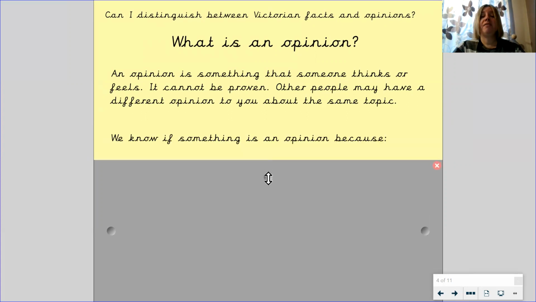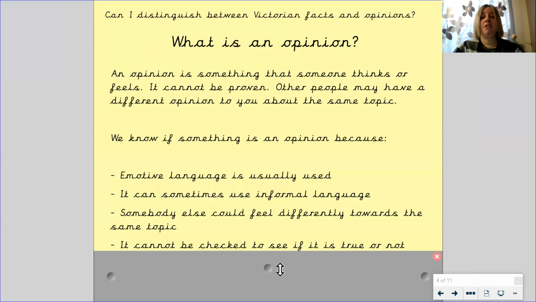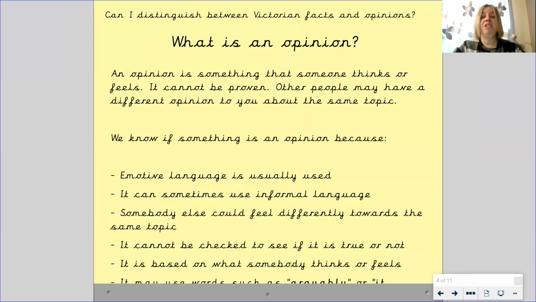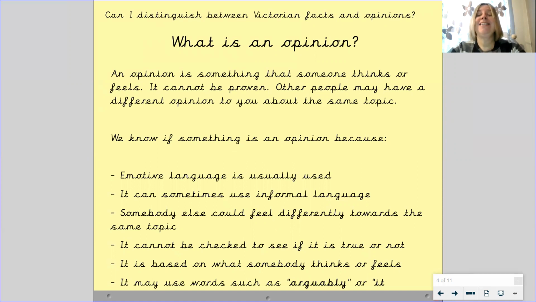We know if something is an opinion because emotive language is usually used. It can sometimes use informal language. Somebody else could feel differently towards the same topic. It cannot be checked to see if it is true or not.